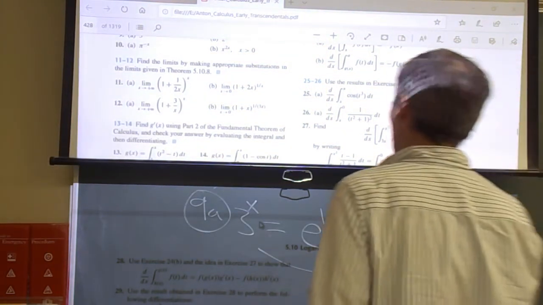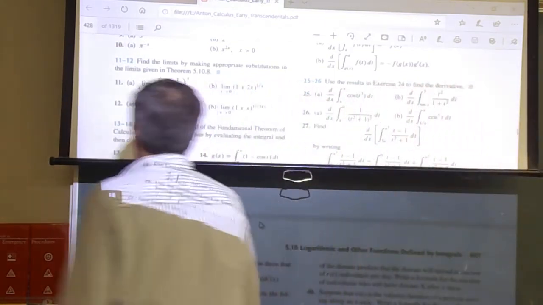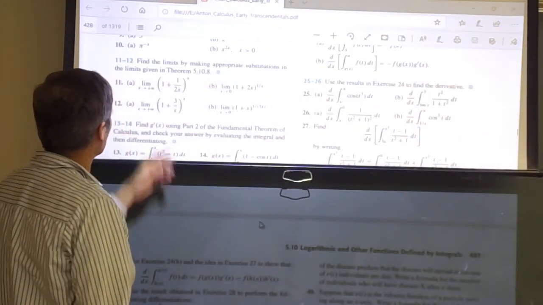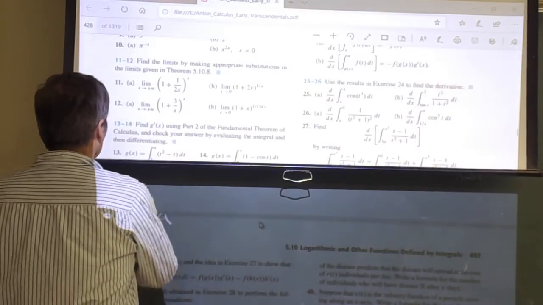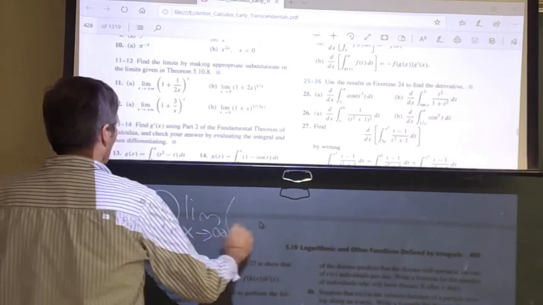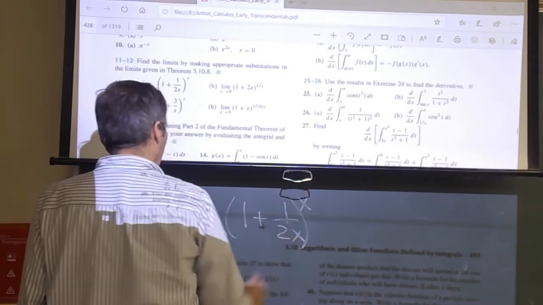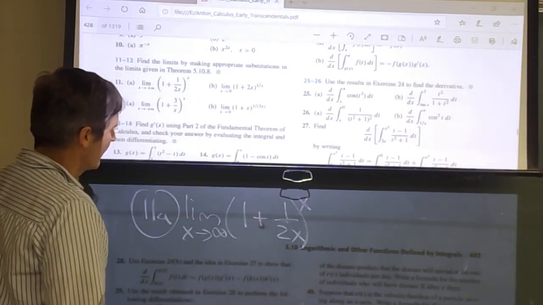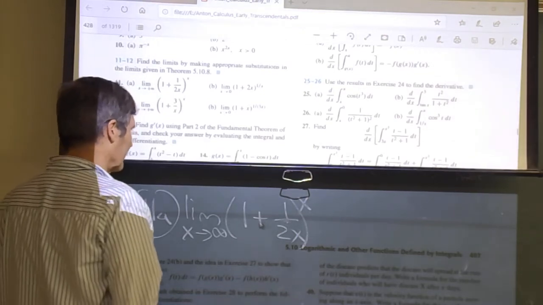And now, how about we find some limits? One of the applications of this section that is useful is to be able to calculate limits like this. What is the limit as x goes to infinity of (1 plus 1 over 2x) to the x? How could I evaluate that? This is not so easy, but we can think of it this way.